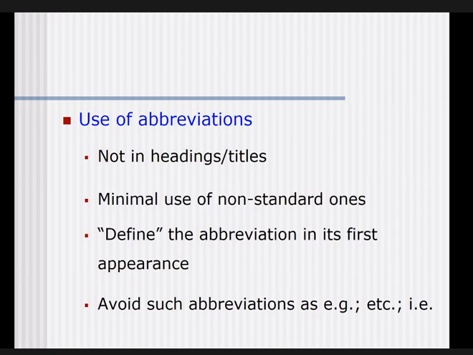Next, define the abbreviation at its first appearance. The first time you write a terminology, for example, again, poor environment, and you want to abbreviate it, you write poor environment in brackets PE, and then you can always write PE.